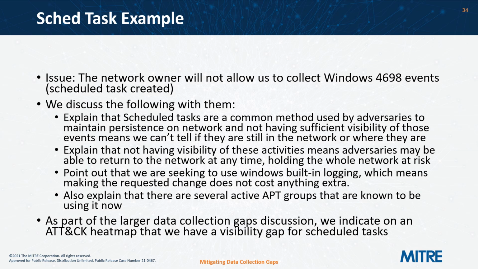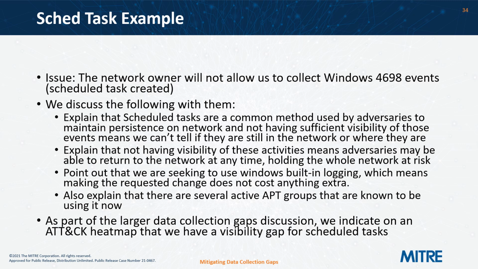Let's take a look at our scheduled task example to show how a gaps discussion might go. The issue we have come across is that the Windows 4698 events are not currently being collected, and the network owner has denied our initial request to enable the logging of these events. We schedule a meeting to discuss this particular gap in order to either convince them to begin collecting those logs or accept the risk that the gap presents.